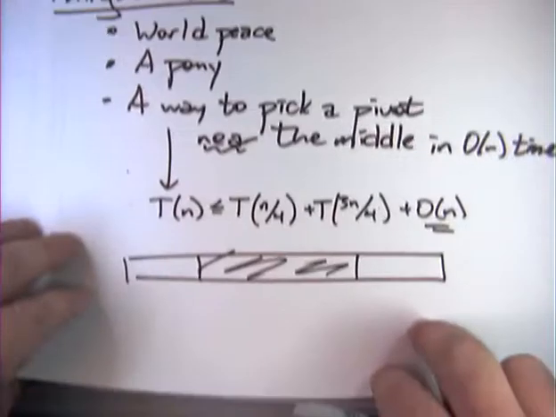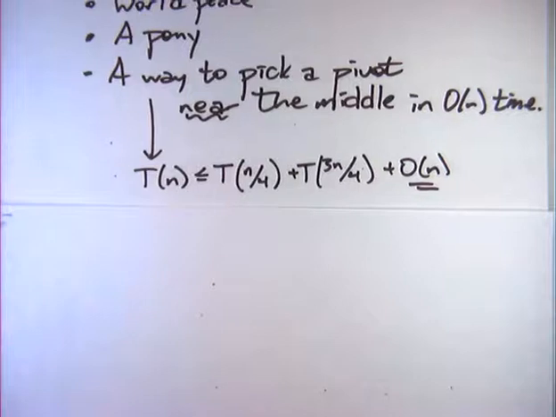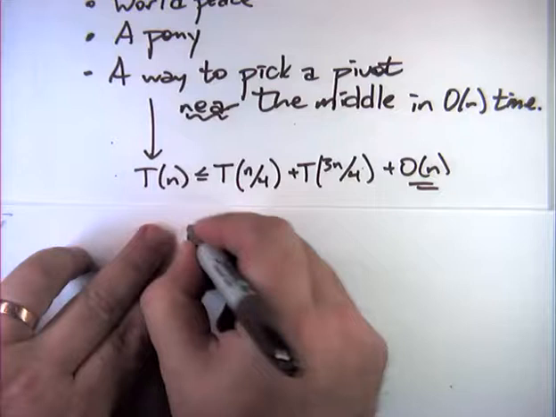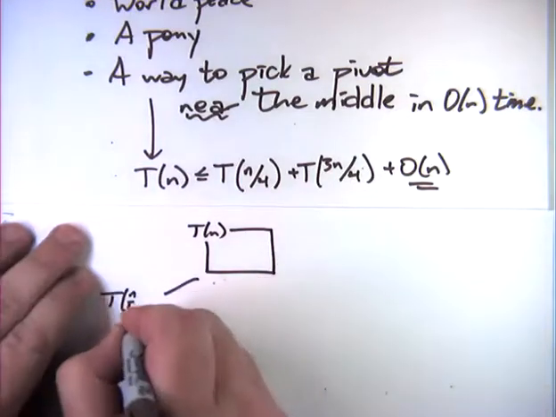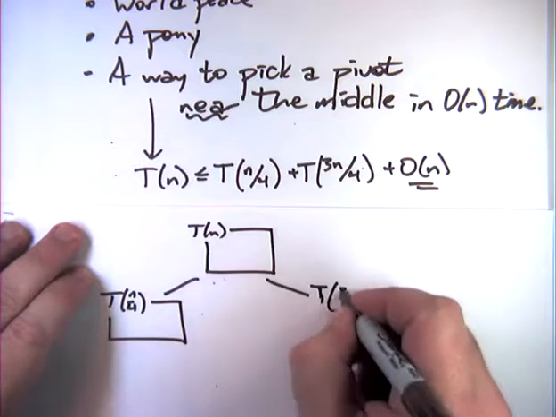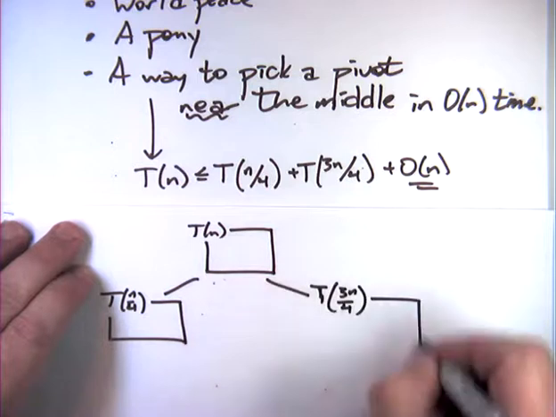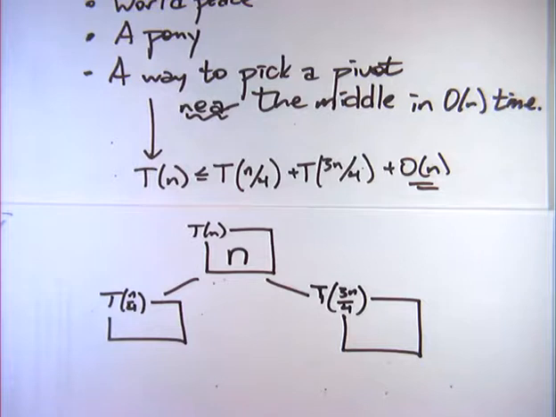Now, if I had a recurrence like this, I could solve it using recursion trees, just like I did for the merge sort recurrence. And I would get something that looks like this. Okay, so inside the box, I'm going to write the amount of time that I spend within that recursive call, not counting anything to do with recursion.